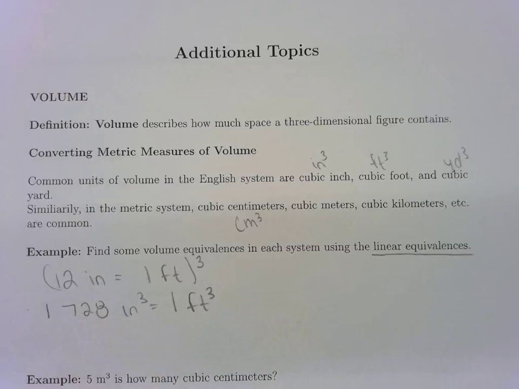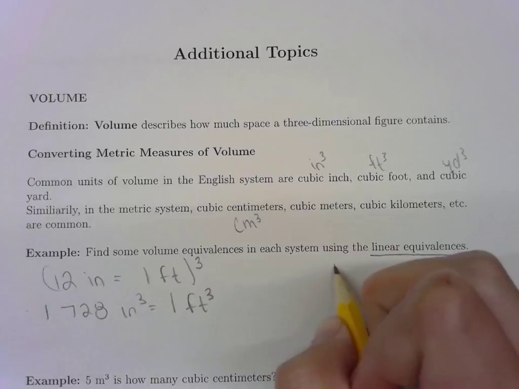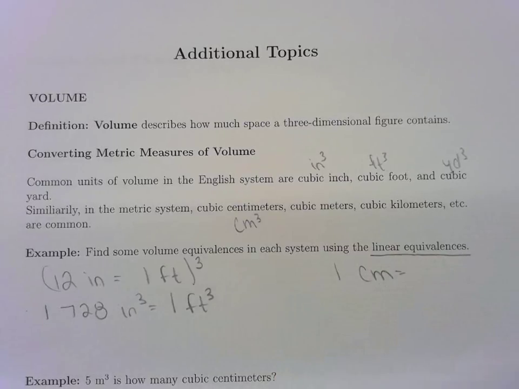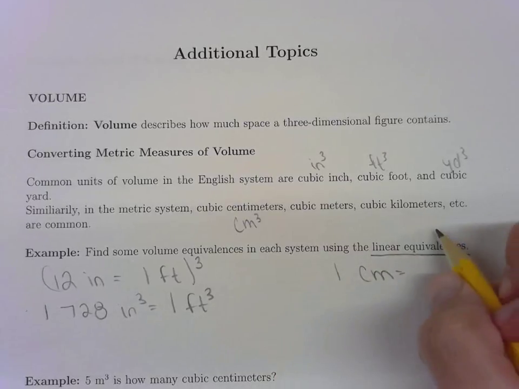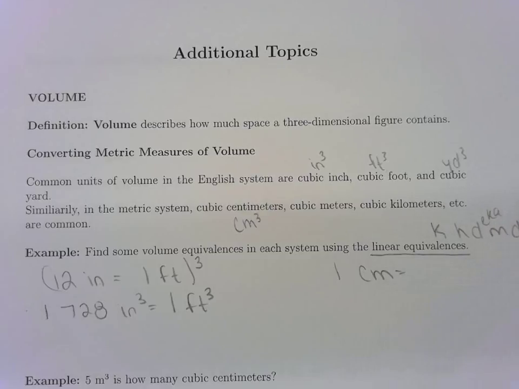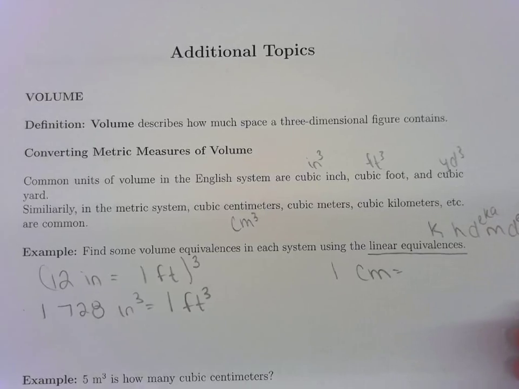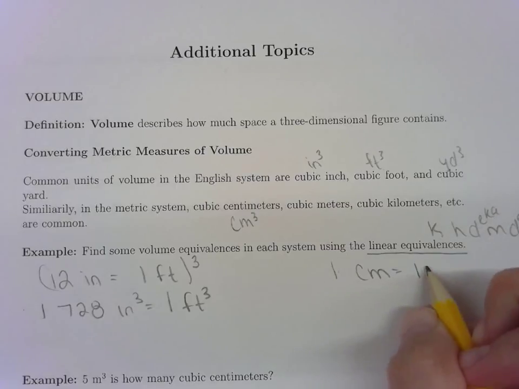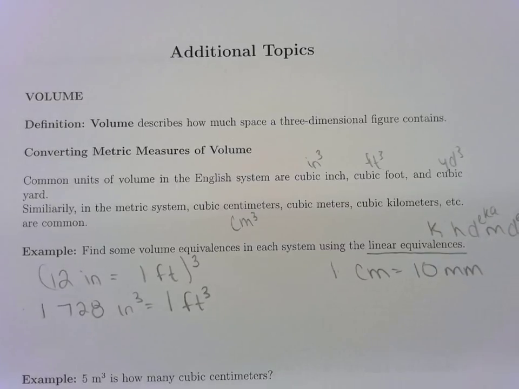Okay, now let's go to the metric system. So let's do something like 1 centimeter is the same as, let's just go to millimeters. So remember we have the King Henry died Monday drinking chocolate milk. This first one is deca and this second one is deci. I just want to go from centimeters to millimeters. So 1 centimeter would be 10 millimeters.